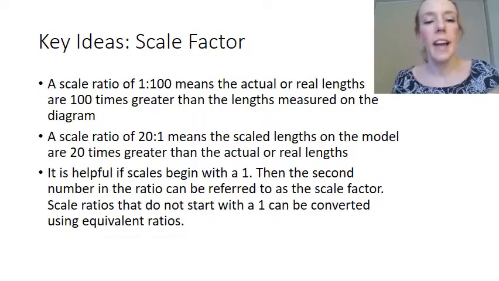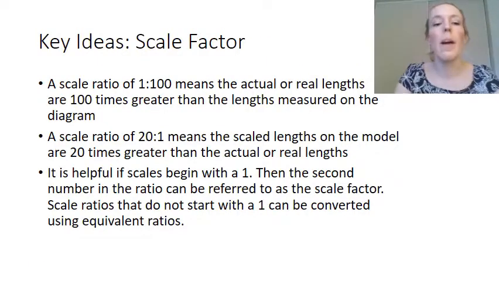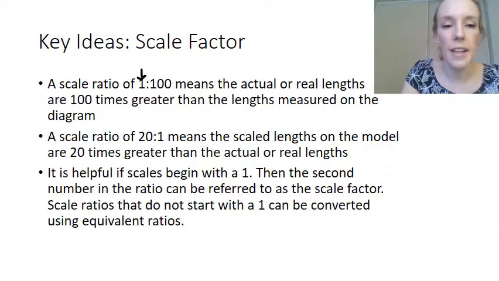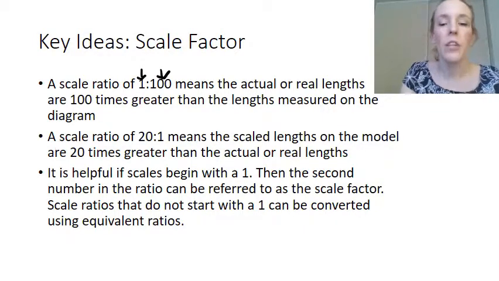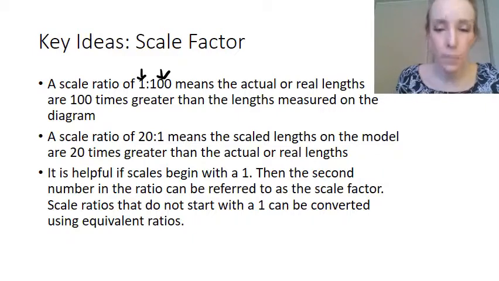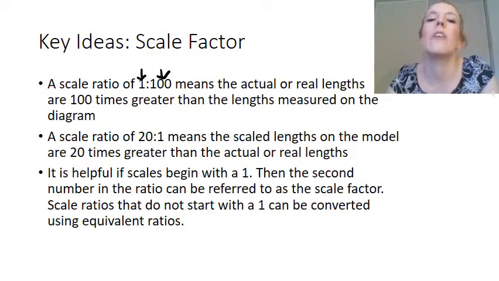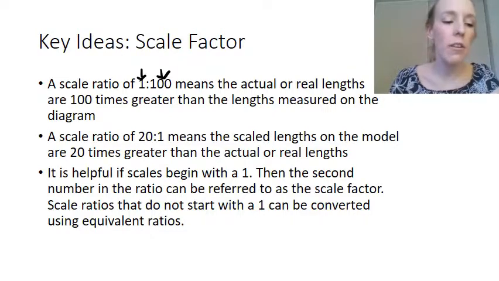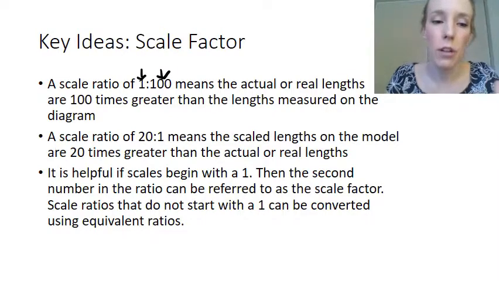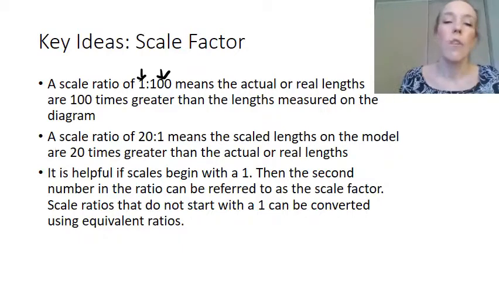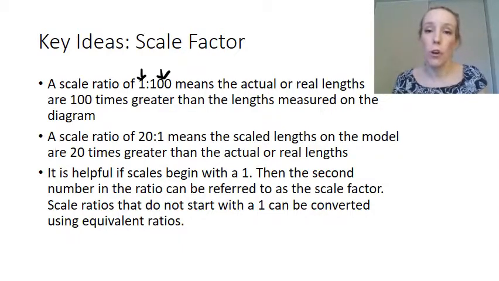Okay, so a scale ratio of 1 to 100. Remember, our 1 is our model or our map, and the 100 is our actual thing. That means a measurement of 1 centimeter on our map equals 100 centimeters in real life, or 1 millimeter on our map means 100 millimeters in real life. All it's saying is the real length is 100 times greater than what's shown on the map or the diagram.